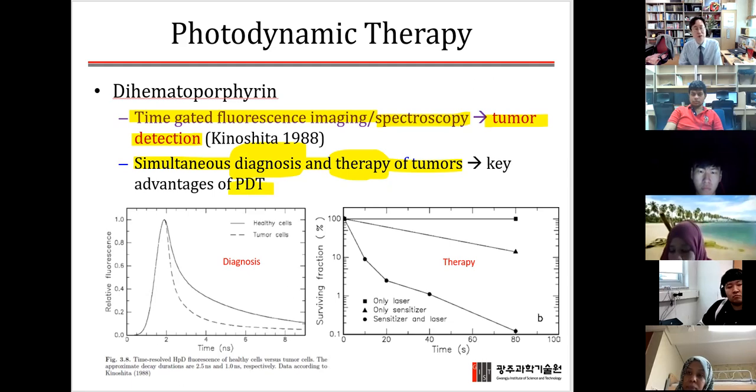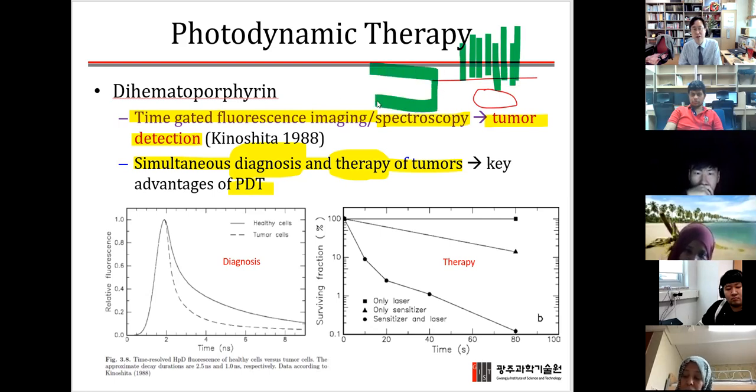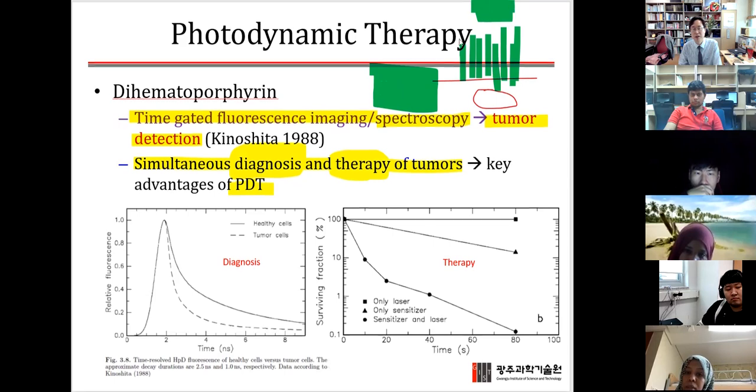So what they mean is when you have a tumor somewhere under the tissue, and you are giving the excitation light from the outside, and you are taking the image from the surface from here. So you have a camera on the top here.